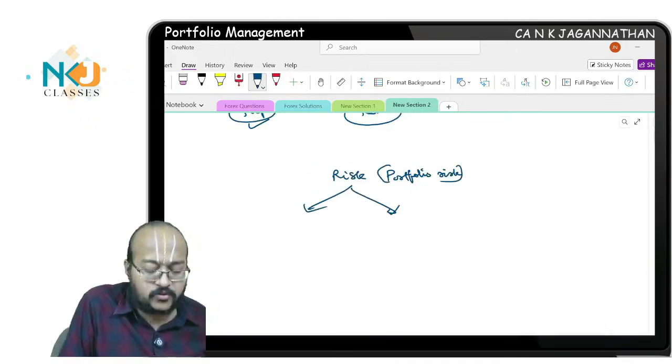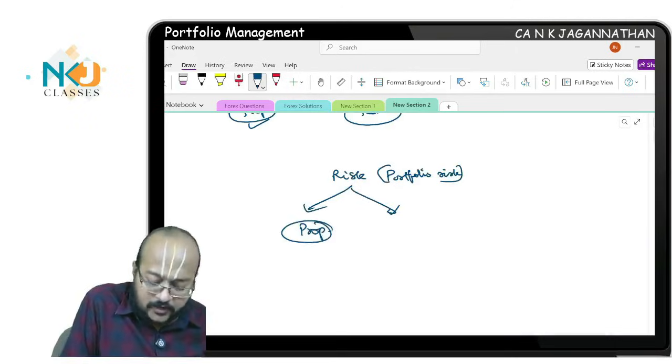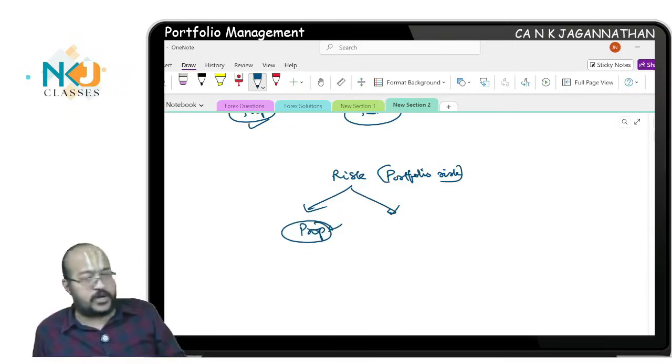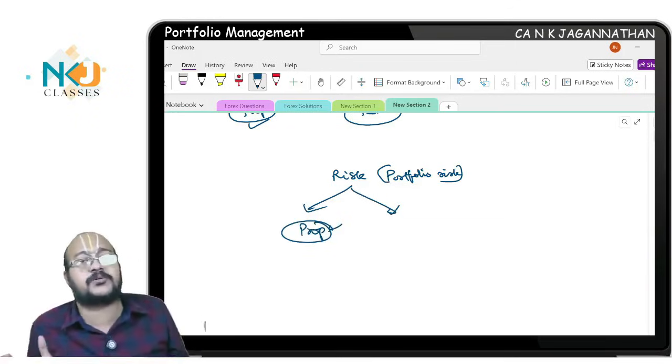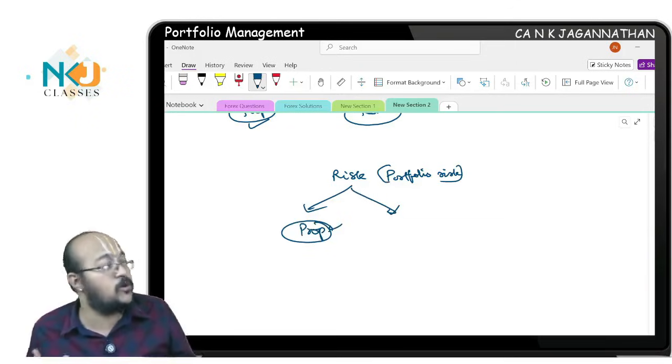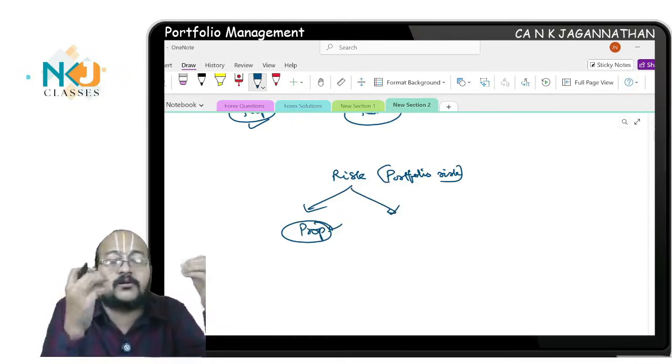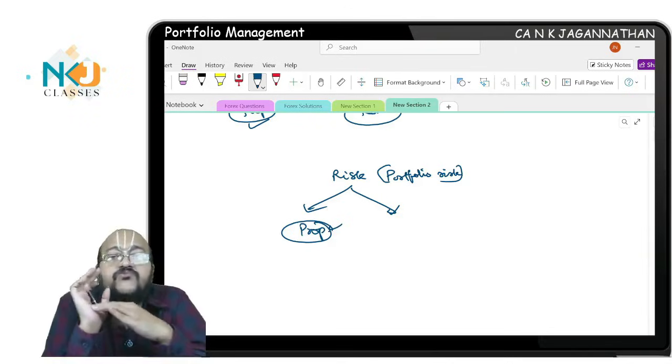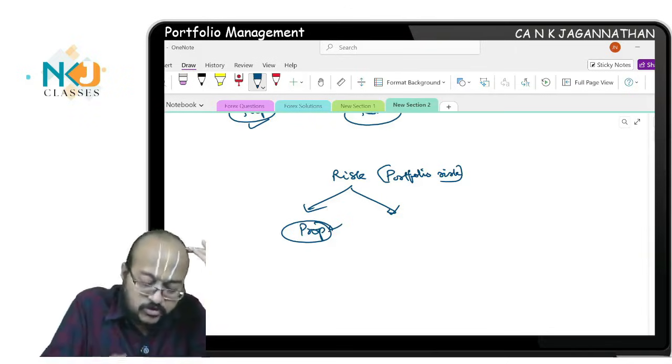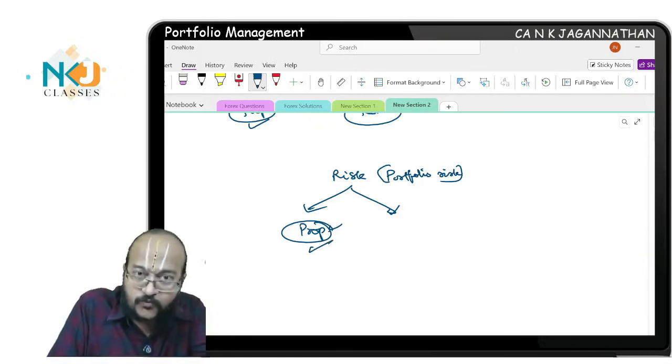Now portfolio risk, you tell me, the proportion will again affect the risk of the portfolio, correct? It will affect. If 99% is invested in a risk-free asset, then your portfolio is substantially risk-free, even though you invest just 1% of your money in Reliance Limited. Understood? So proportion will have influence on the portfolio.